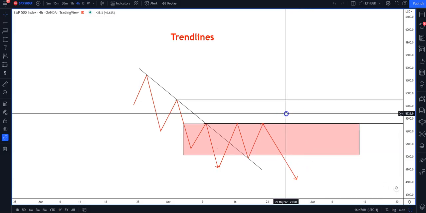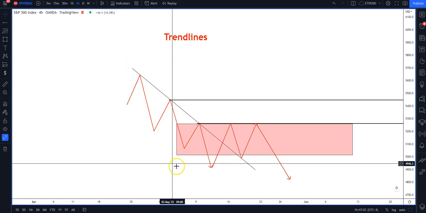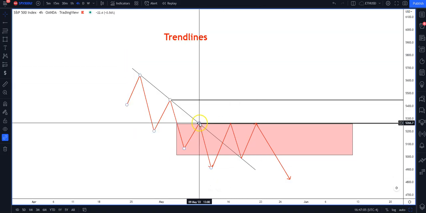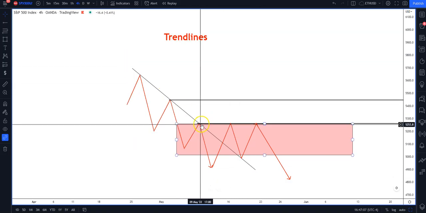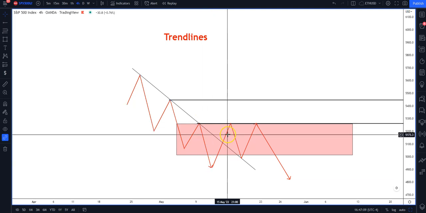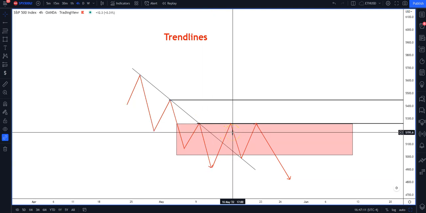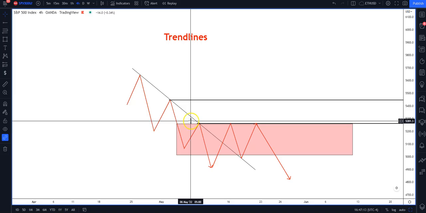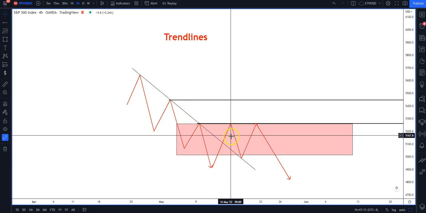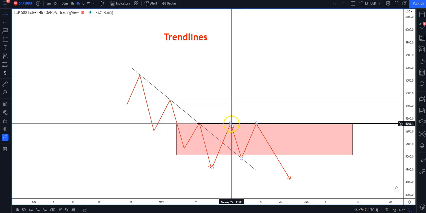So what I always advise when drawing out trend lines, what you want to do is you want to note where the previous high was before it started reversing. So if you can see the previous high and you note that, you want to wait for price to break that high.